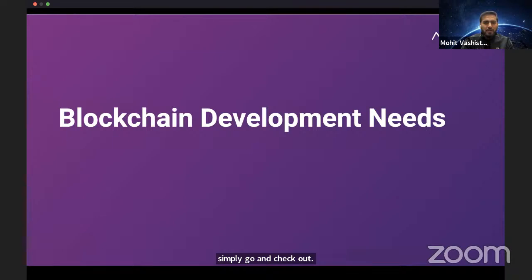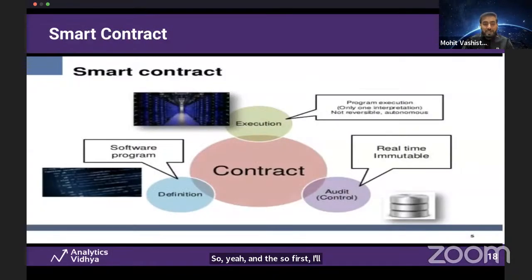First I'll have to just explain what exactly is a smart contract. So a smart contract is nothing but a software program only. It's a software program which will actually be an interface or layer between the blockchain and your traditional applications which you develop day to day.